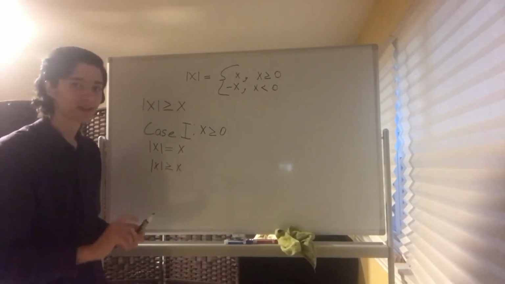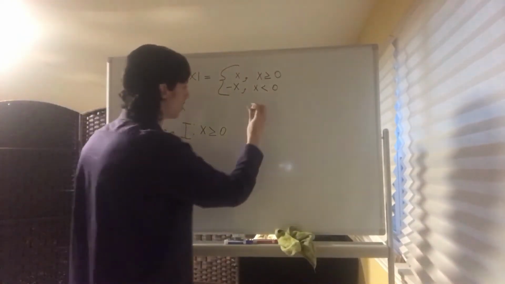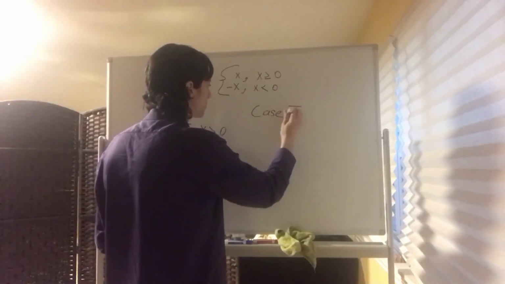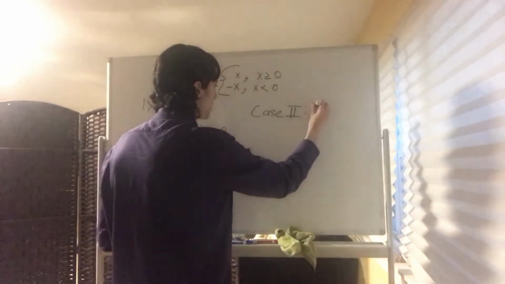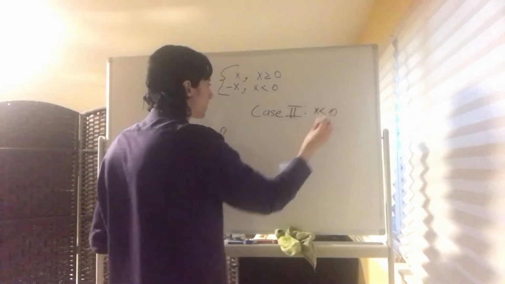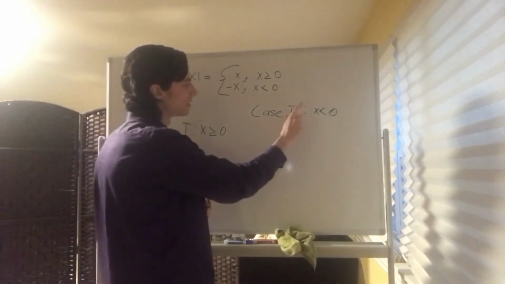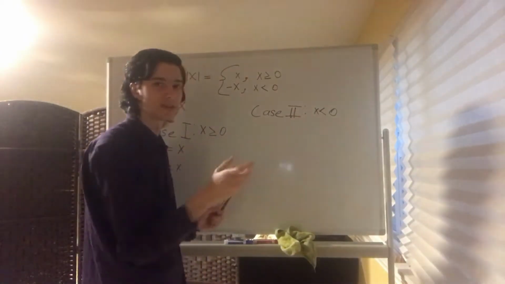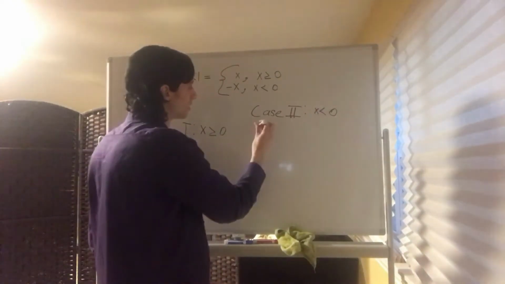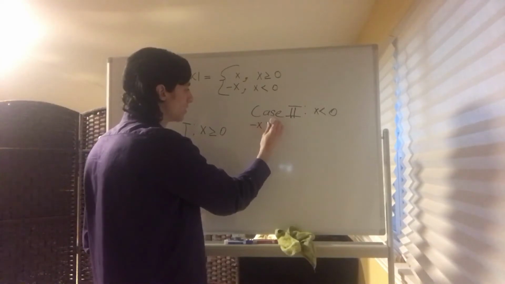So it's greater than or equal to, because it is equal. Now the second case. This is the case where x is negative. So case 2, x is less than 0. Now the first thing I want to think about is, if x is less than 0, what else can we say? Well, if we multiply both sides by -1, we can also say that -x is greater than 0.